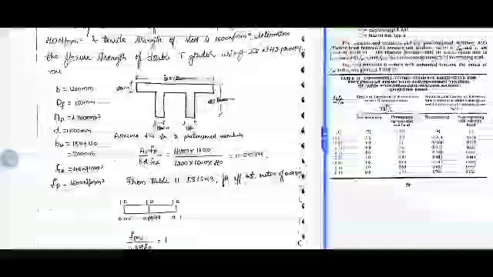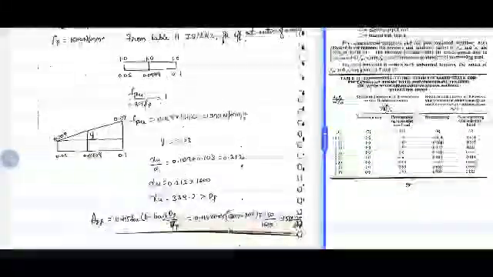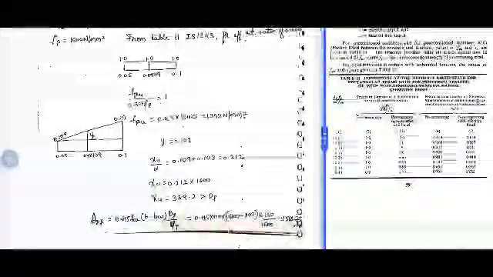Since it is pre-tensioned, go with column number 2. 0.0979 lies between 0.05 and 0.1. So for pre-tension, for both values it is 1. So the FPU by 0.87 FP value will be 1 only. On simplifying we will get FPU as 1392 Newton per mm square.